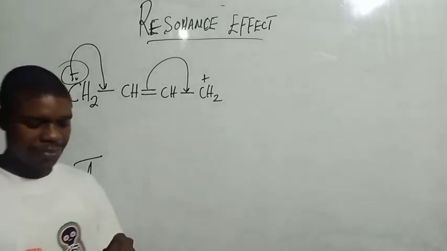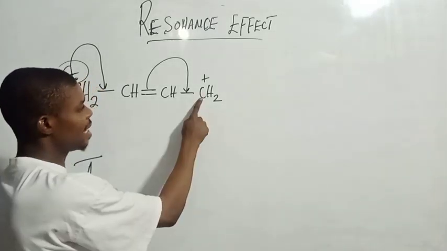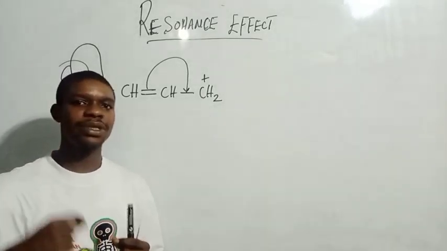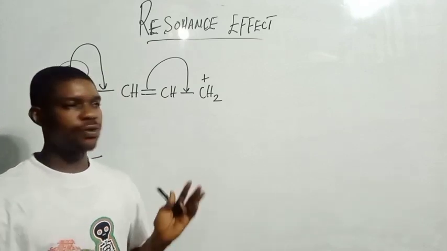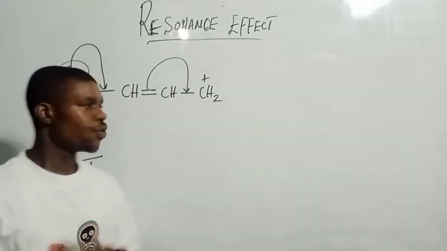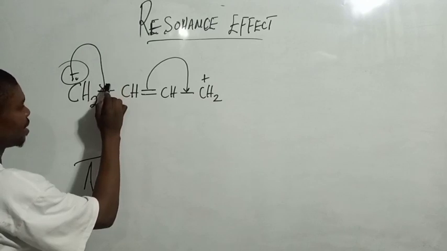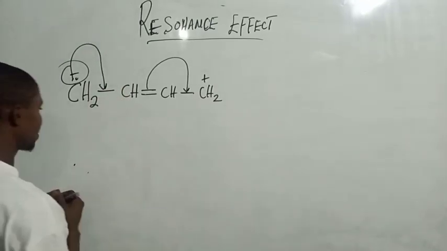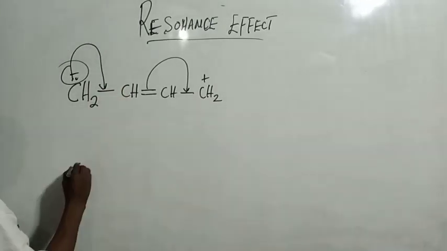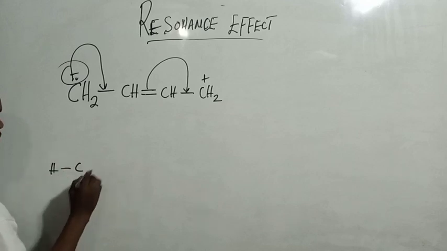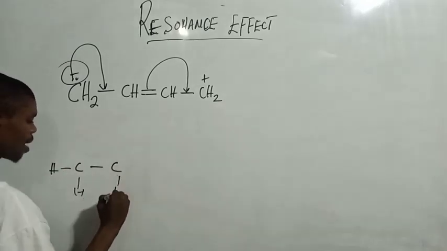Now the main reason why it's like that is because at the end there's always an empty p orbital to accommodate the electron. So when this one moves to that point here, in order to satisfy the octet, for example here we have carbon, hydrogen.